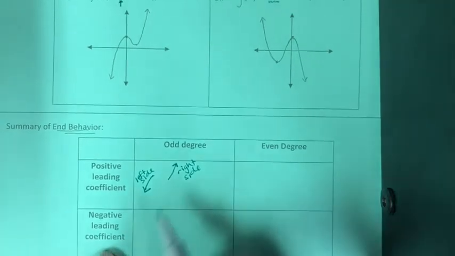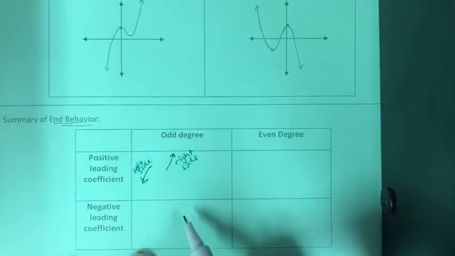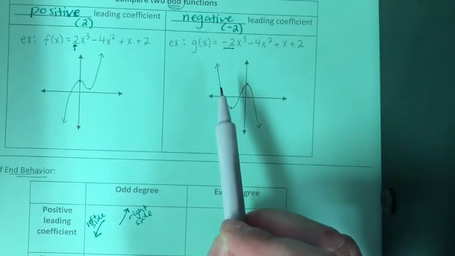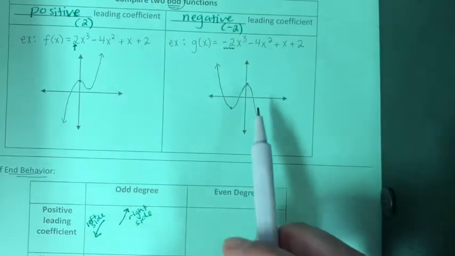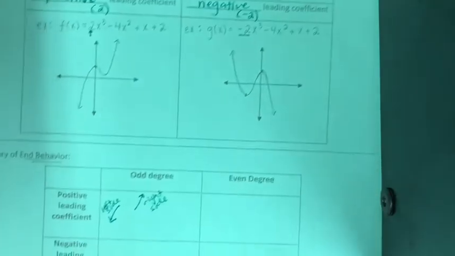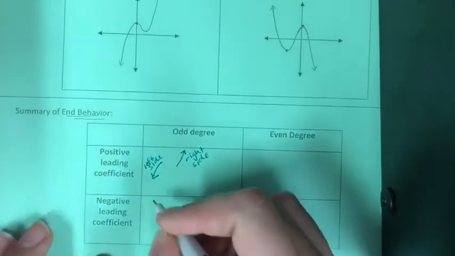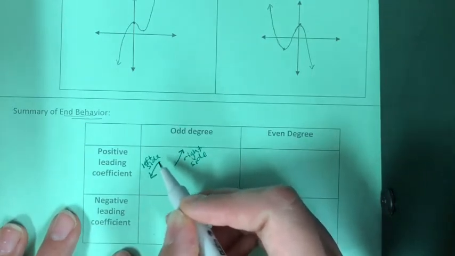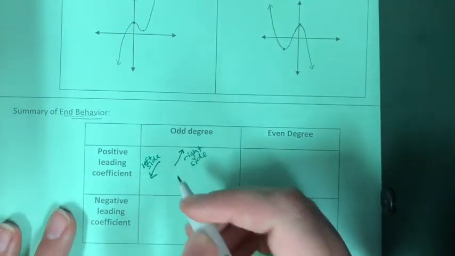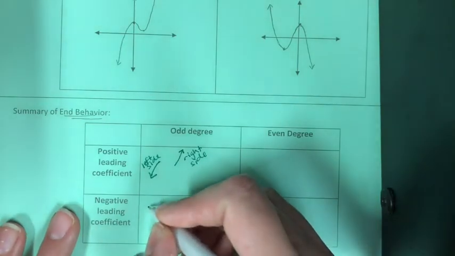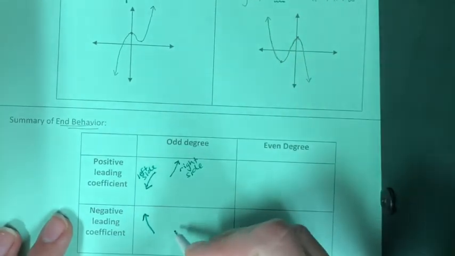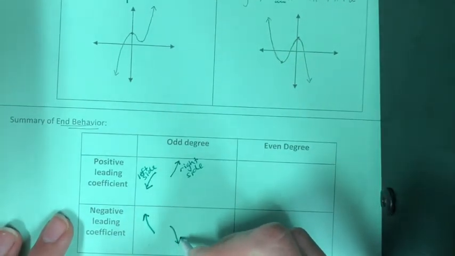And then odd degree negative leading coefficient was our other one down here that we just looked at. And that one appears to be doing the opposite. On the left it's going up, on the right it's going down. So I'm just going to draw that in my box. So I'm kind of just cutting out the middle section because all I'm really looking at is what happens to the end behaviors. So this one should be opposite of our positive one. So this one was going up, and then on the right side it was going down.